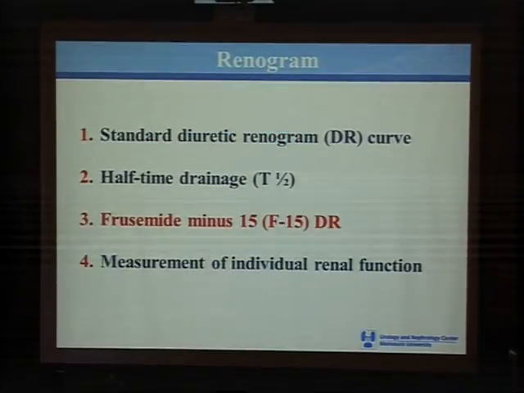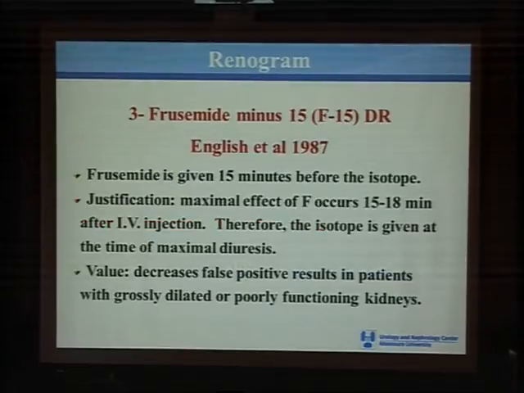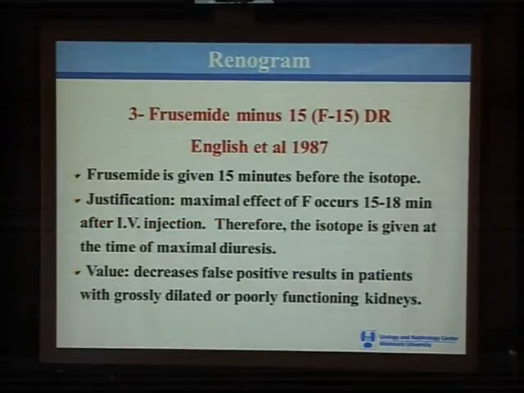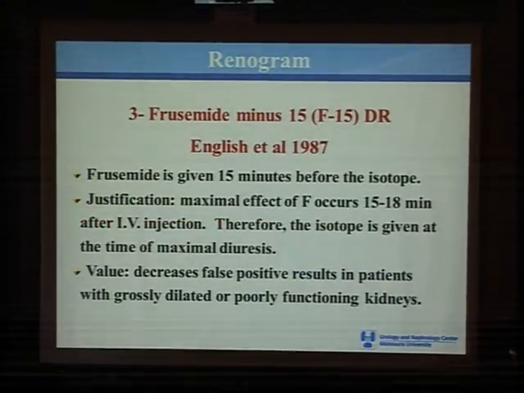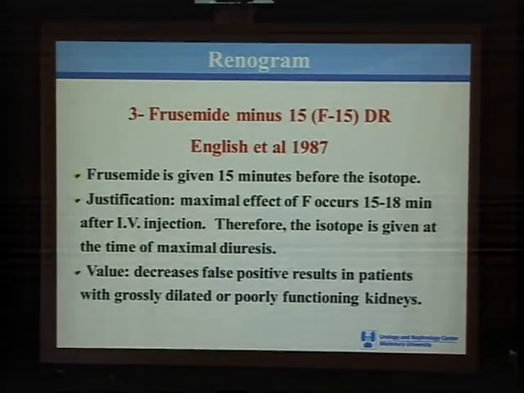To overcome this limitation, there is what we call furosemide minus 15, or F minus 15 diuretic renogram. What does it mean? The normal diuretic renogram, we call it F plus 20. What does it mean?